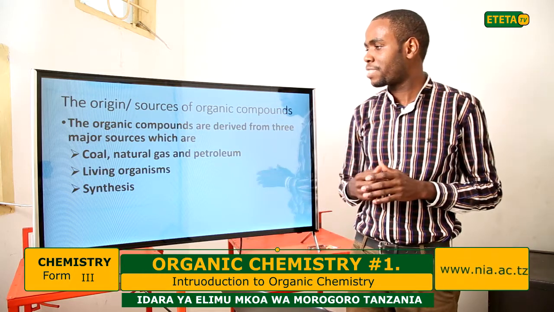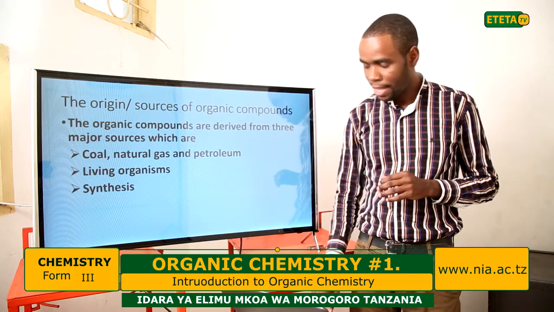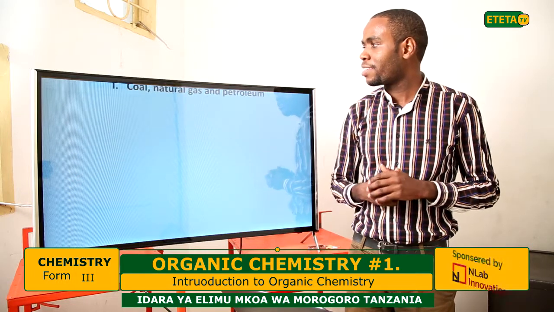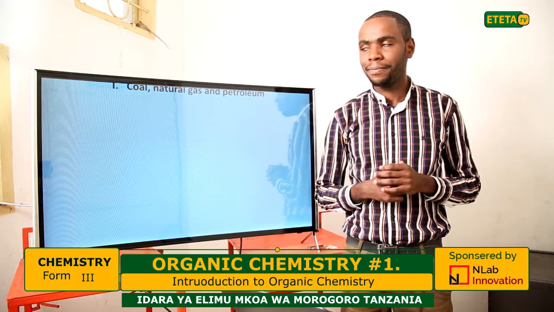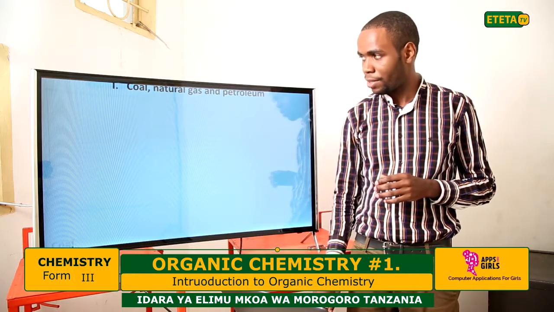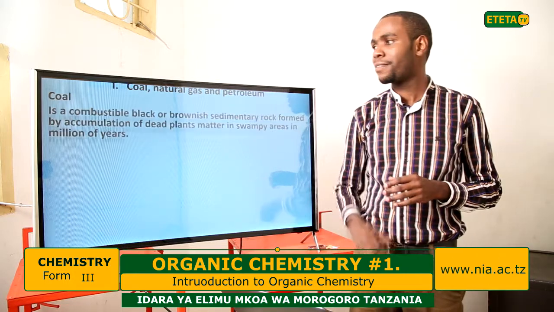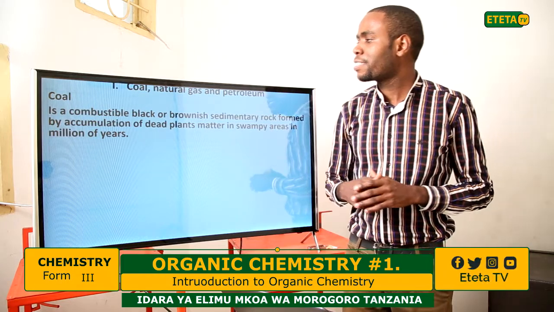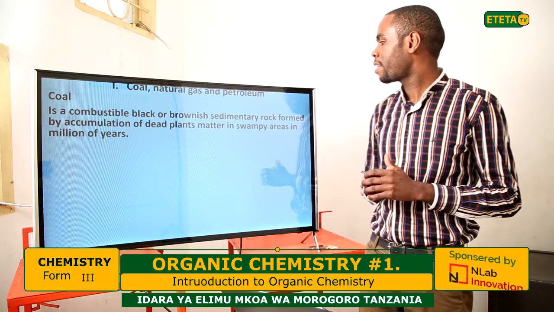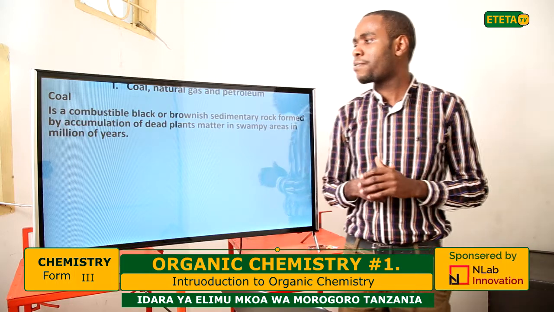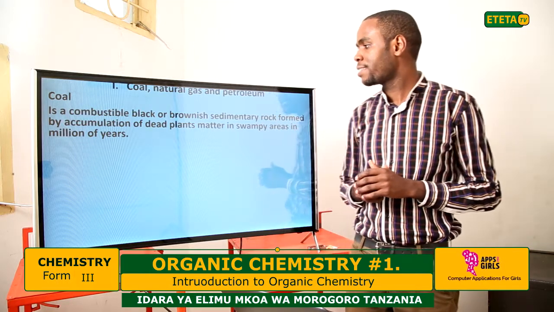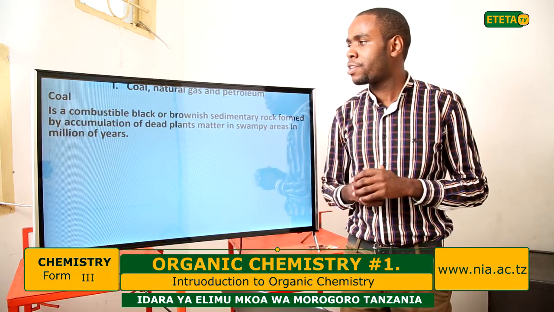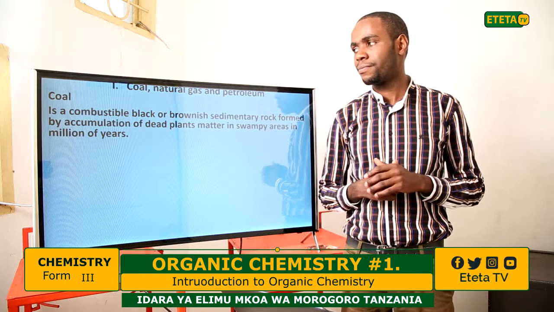Now I will explain one after another, starting with coal, natural gas, and petroleum. Coal. By definition, you can say coal is a combustible black or brownish sedimentary rock formed by accumulation of dead plant matter in swampy areas over millions of years.